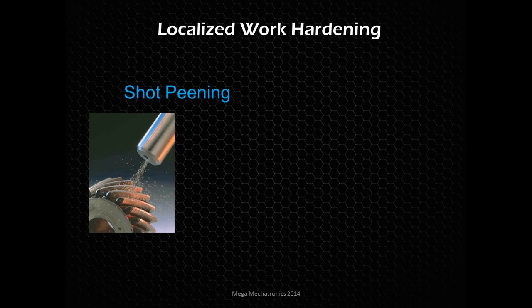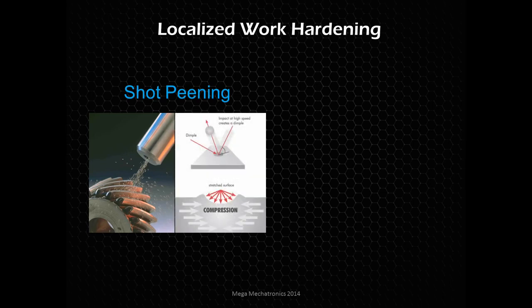So we're going to accelerate those hardened spheres, and then they're going to transfer their kinetic energy into that material, and we're going to create these compressive stresses on the surface. And much like that cold rolling, we're going to sort of do that where we're changing at the surface. We're moving those grains around and stretching them and putting these residual stresses or transferring residual stresses into it.